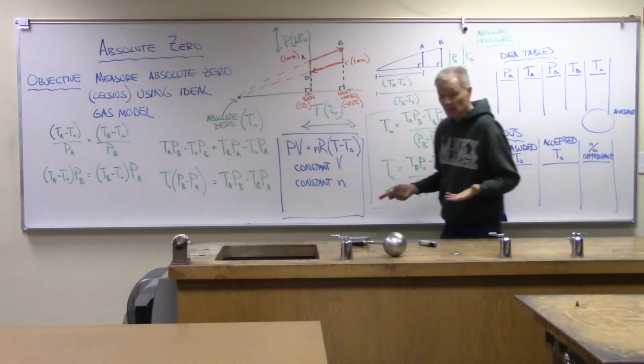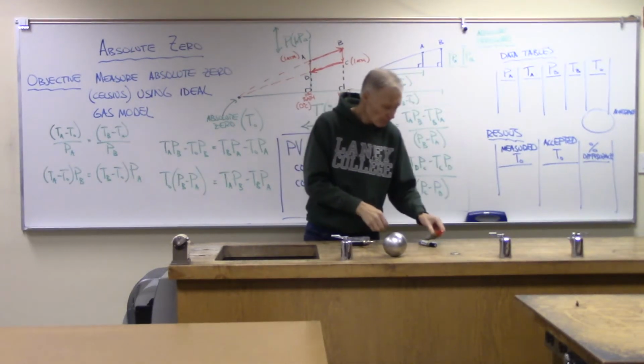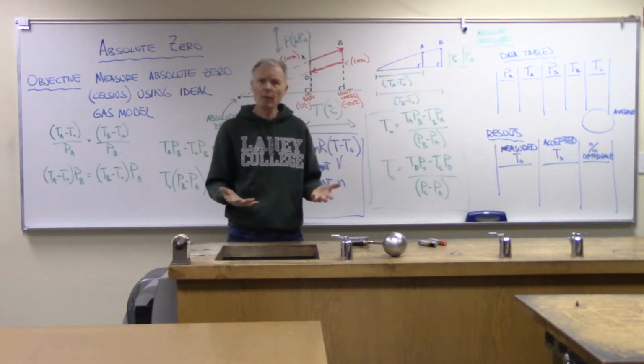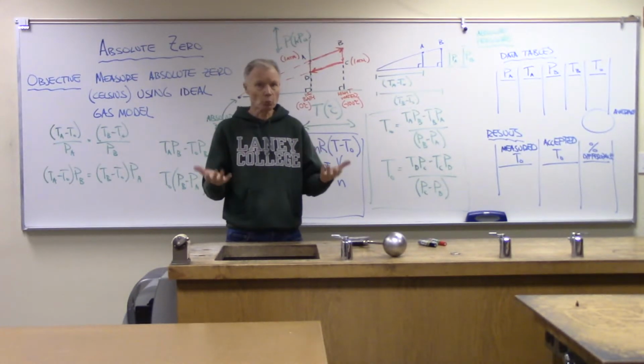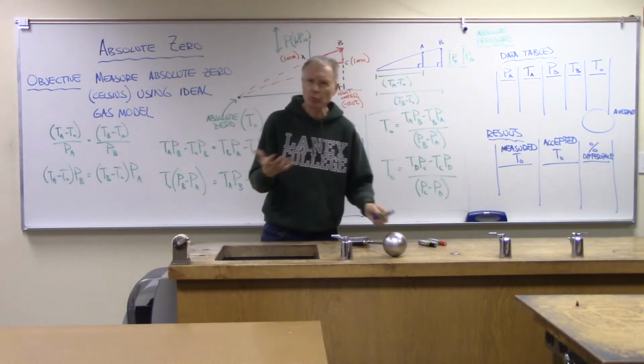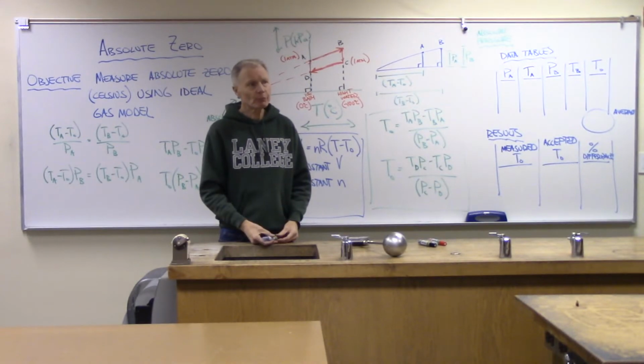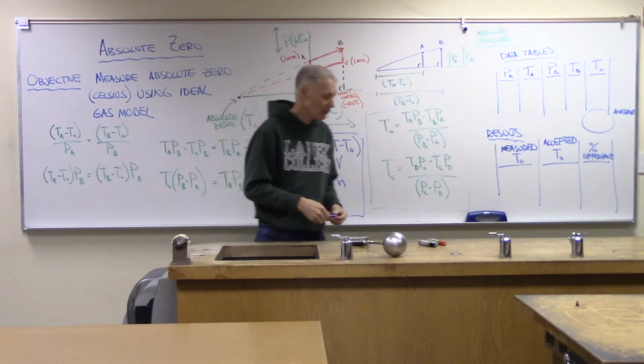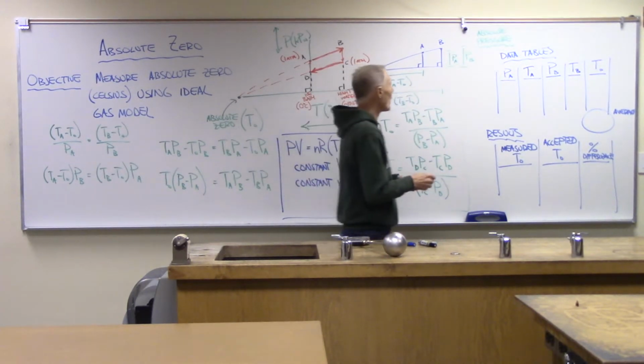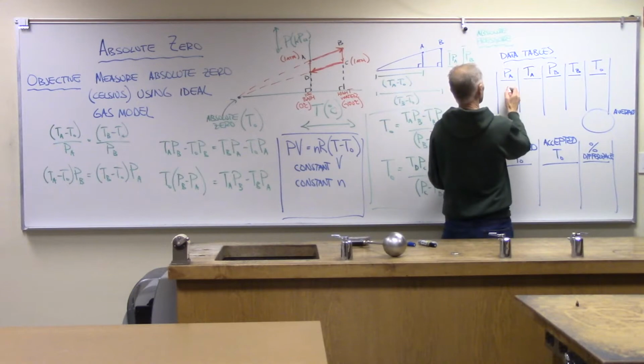Now, as we've seen in our previous lab, we want to do multiple runs. If we just do this once, one measurement probably isn't as reliable as if we go back and do this a few times. So the plan would probably be to do this, let's say, 3 times.